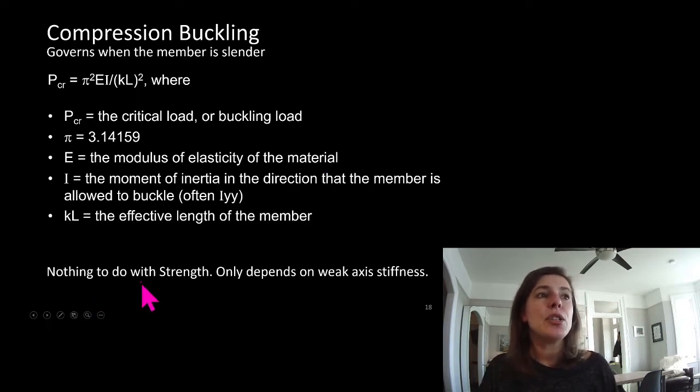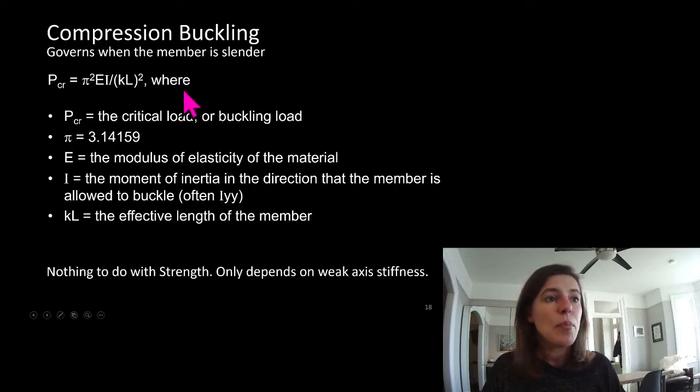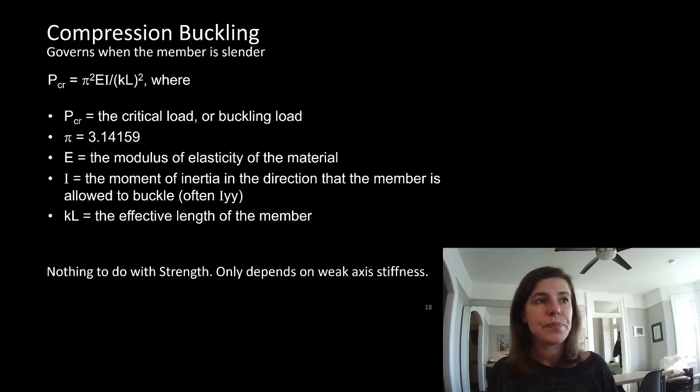So here's the interesting thing about compression buckling. There is no stress element in this equation. There is nothing to do with stress when we're talking about buckling. There is the load it will buckle at, but we're not talking about strength. We're dependent on the weak axis stiffness. That's what we're talking about, is how stiff is it in the weak axes.